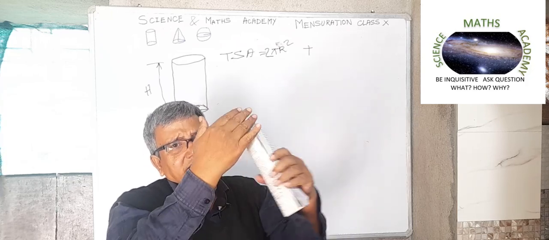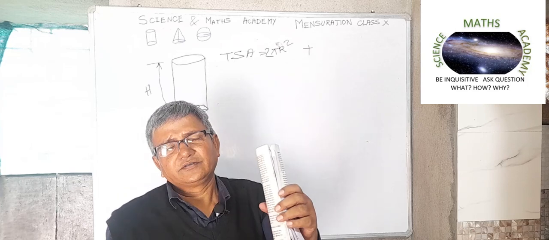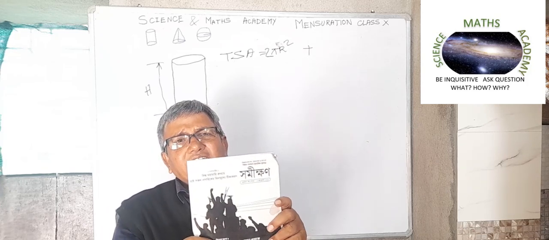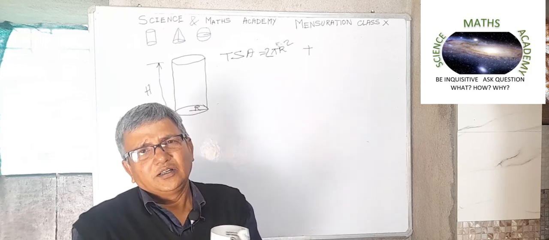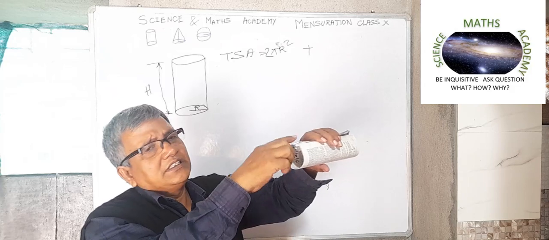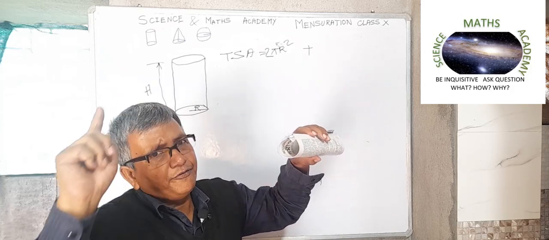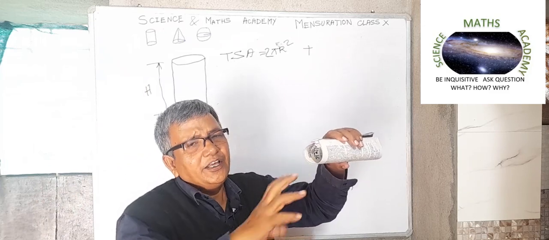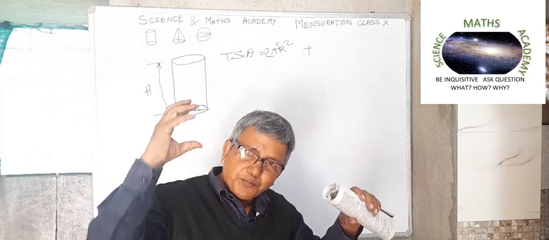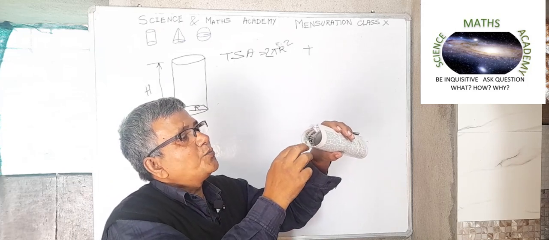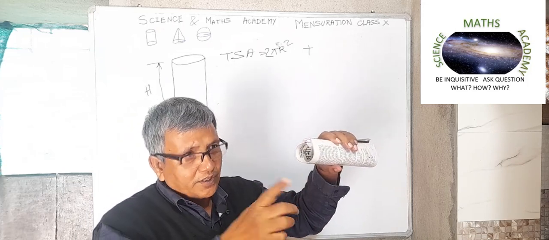This is R, this is H. If you cut it, it will be a rectangle, maybe a square, I don't know. First I told you this is the circumference, it will be 2 pi r. You fold your book or copy and write 2 pi r here.